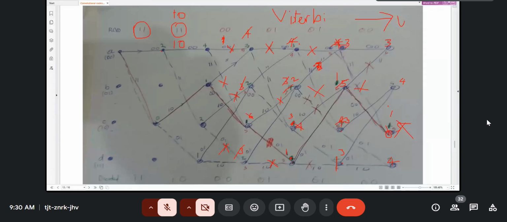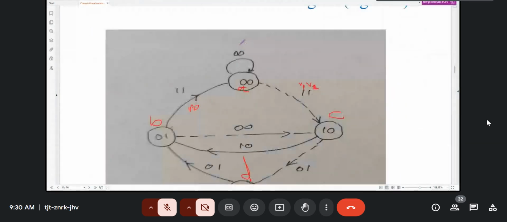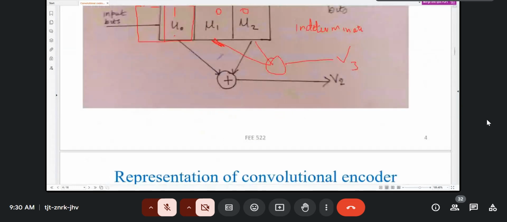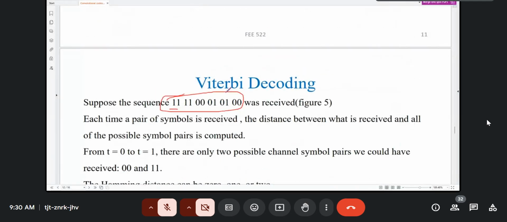Now the branch metric is just the metric for the branch, which depends on the distance between the actual and what is expected. Whenever you have this encoder, its trellis is this one.